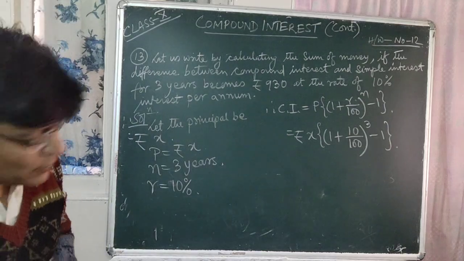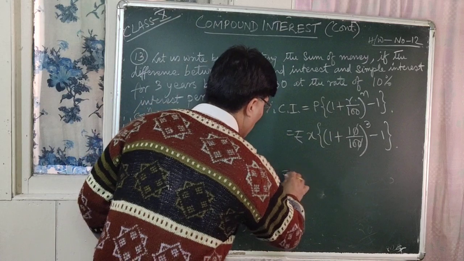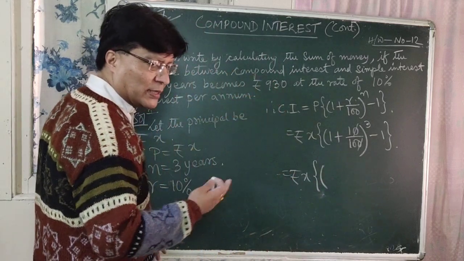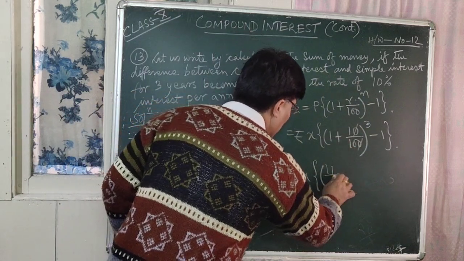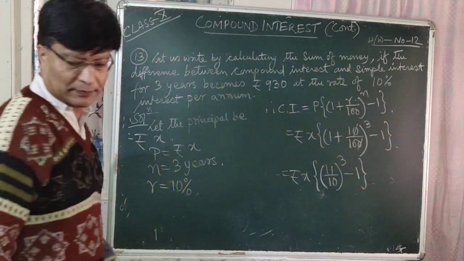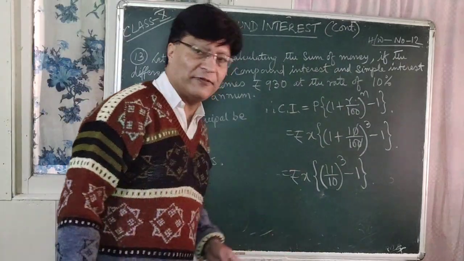Now let us simplify it. Here the 0 gets cancelled, which is equal to rupees X within second bracket. Now we can simplify it further. 10 ones are 10 plus 1, 11. 11 by 10 whole cube minus 1. Now let us do the simplification again.